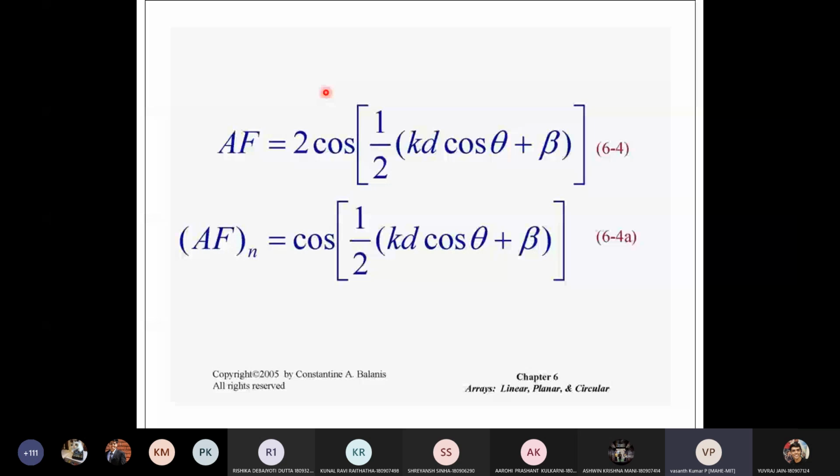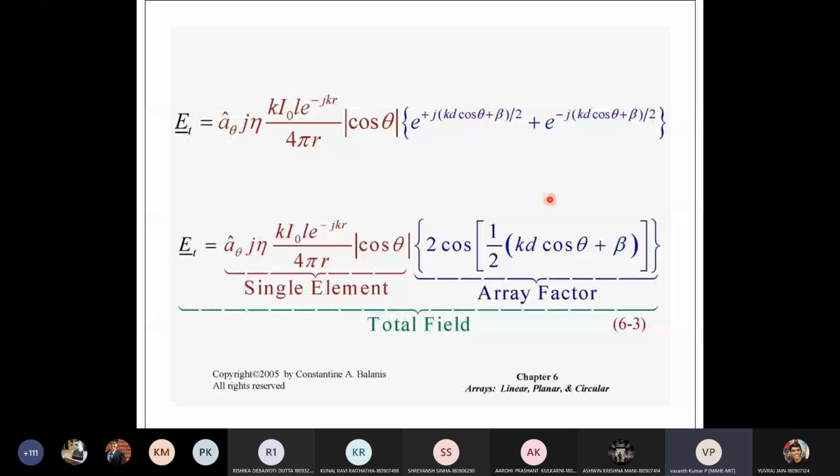So this becomes like this, the general expression for a 2-element array. Only the cos theta part contributes to the element pattern, and this other part contributes to the array pattern. So you have to multiply the two patterns to get the total pattern.